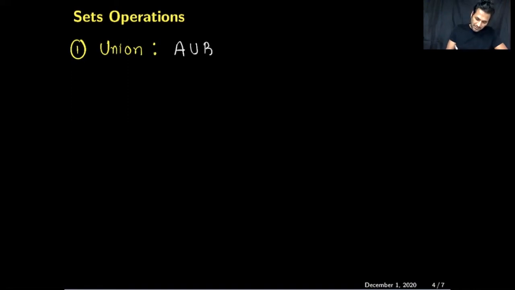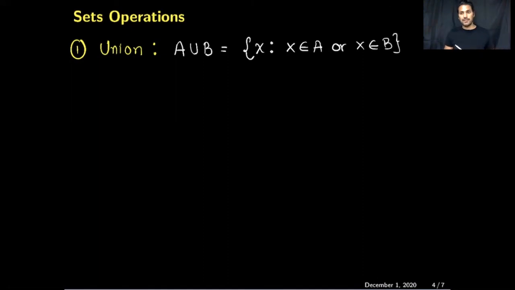A cup B is a set defined as all elements t such that t is an element of the set A or an element of the set B. So the union set contains the elements which are in A or the elements which are in B.